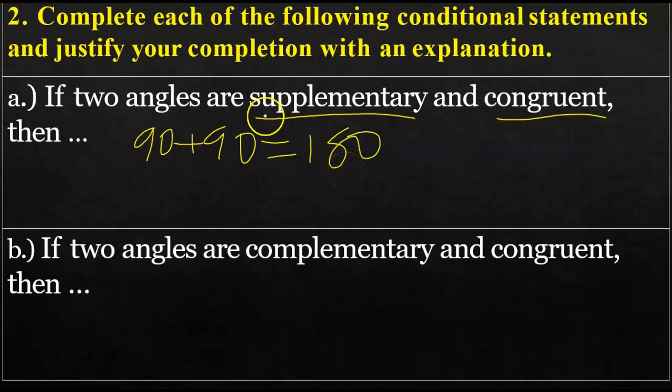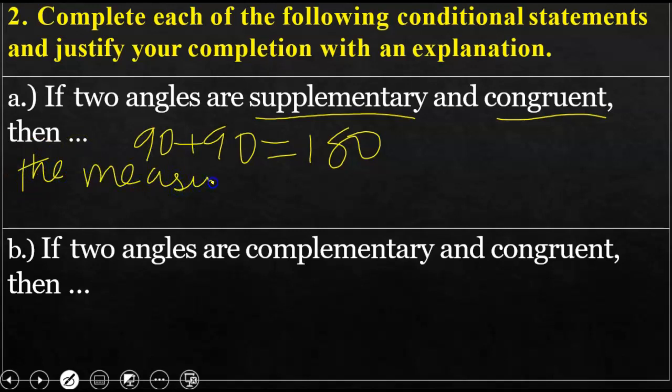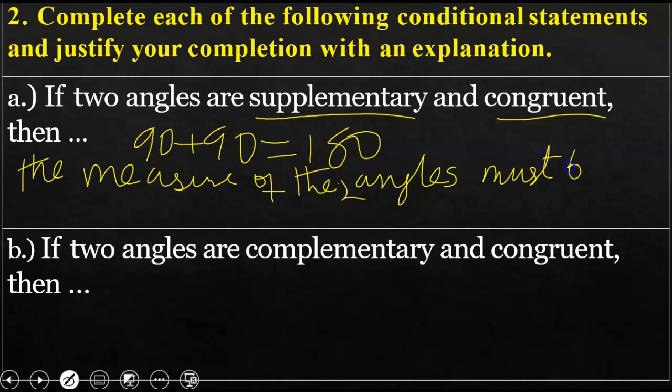Therefore, if two angles are supplementary and congruent, then the measure of the two angles must be 90 degrees.